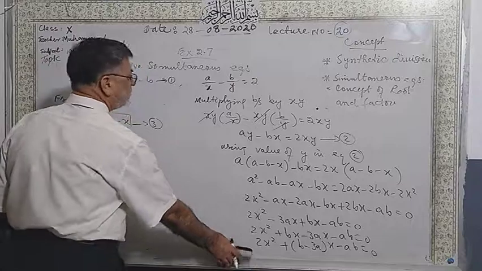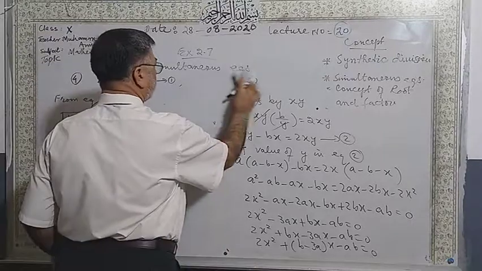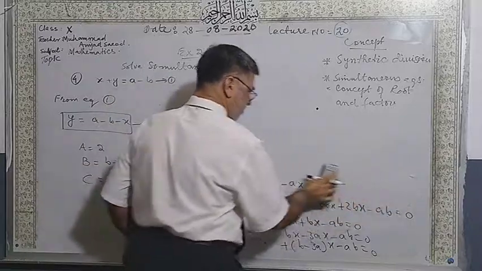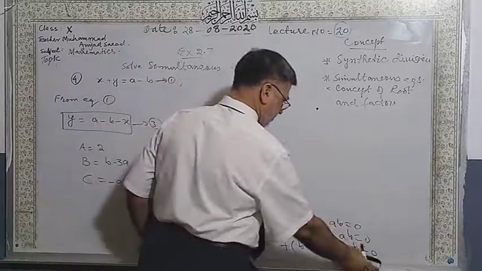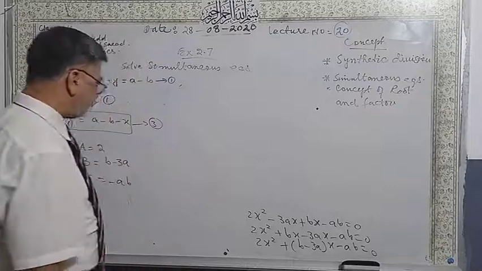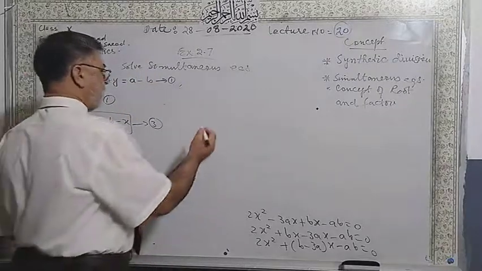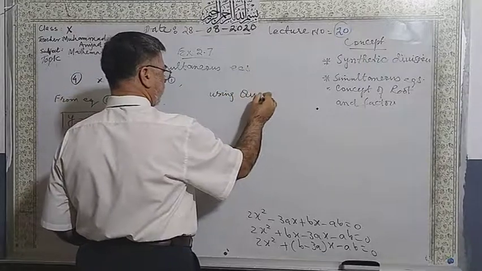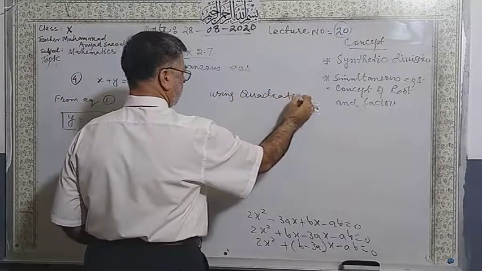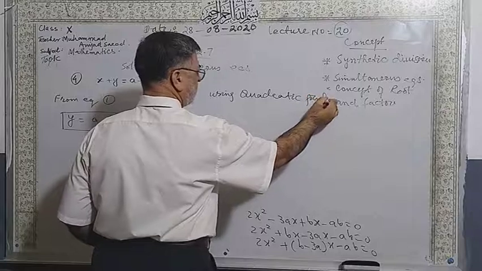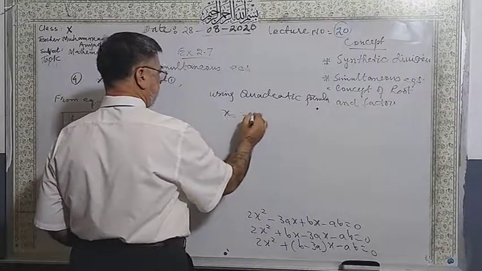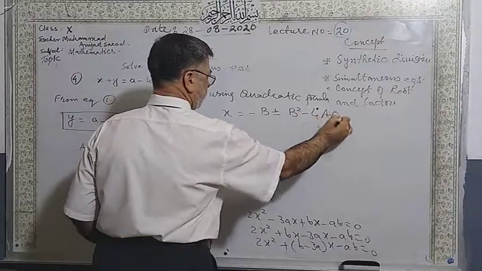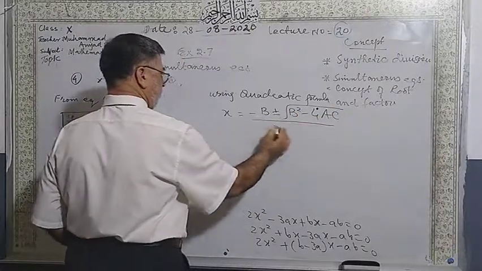Using the quadratic formula, x is equal to minus b plus minus square root of b square minus 4ac, over 2a.